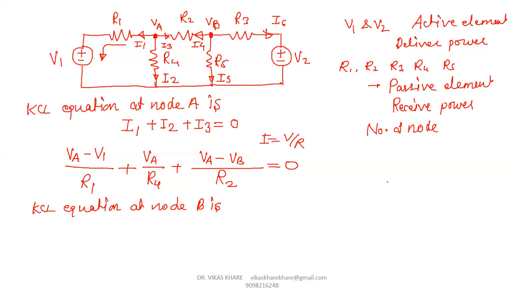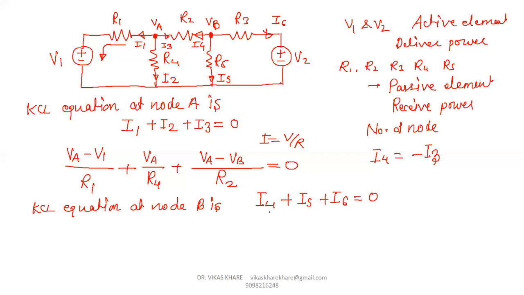In this case, I4 is equal to minus I3 due to the direction. So the equation at node B is I4 plus I5 plus I6 is equal to 0. Now we put the values in terms of voltage upon resistance.